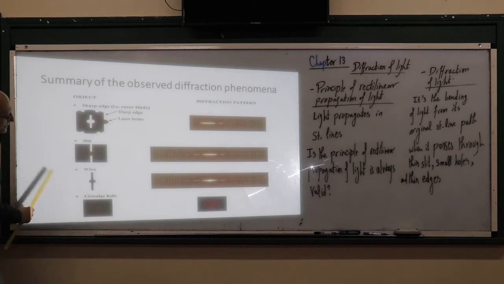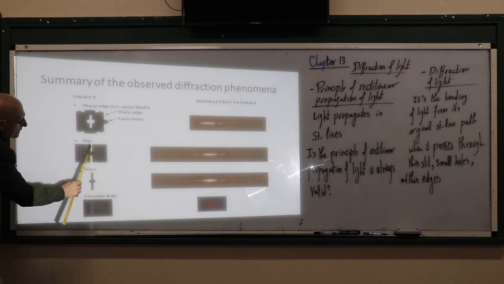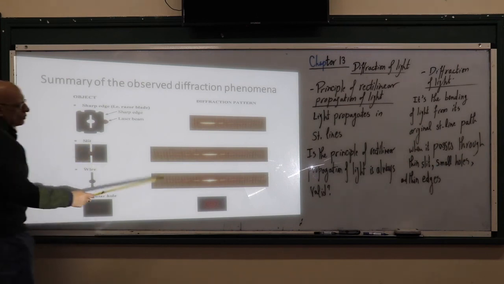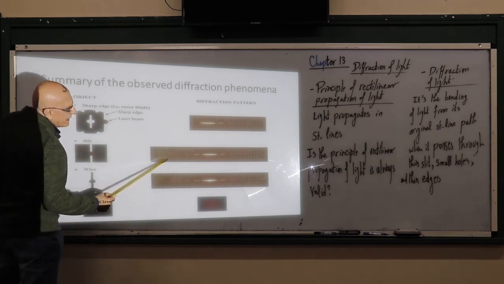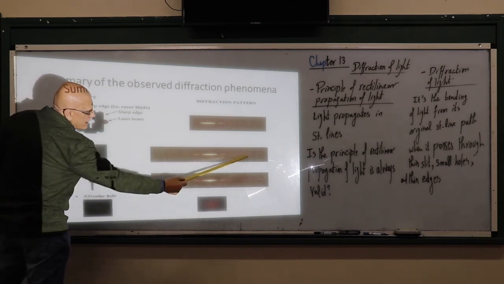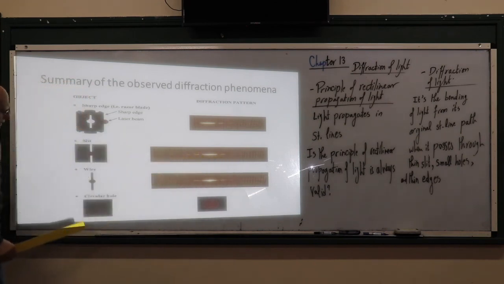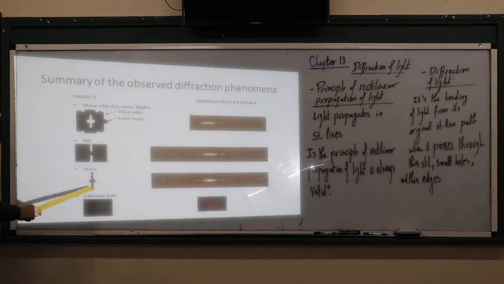This is a slit. This is a vertical slit, as you see. This is called a vertical slit. And you observe here a horizontal pattern of light, okay? And this is the case of a thin wire or a hair also, and this is a spot of laser light striking it.